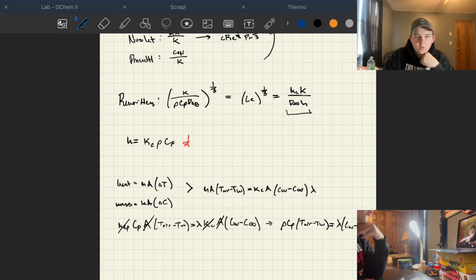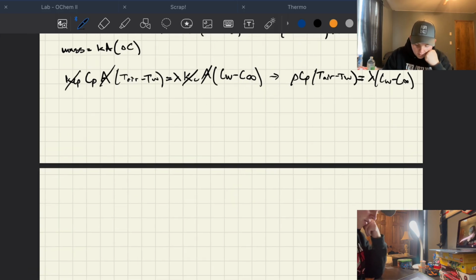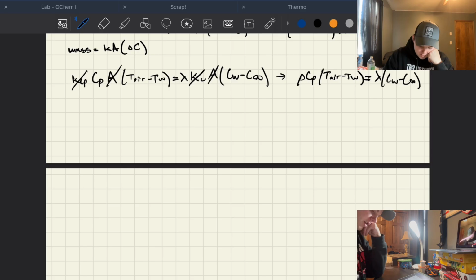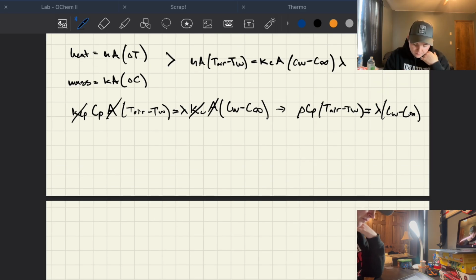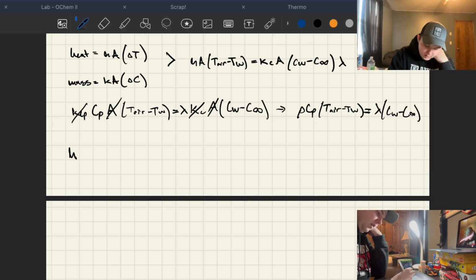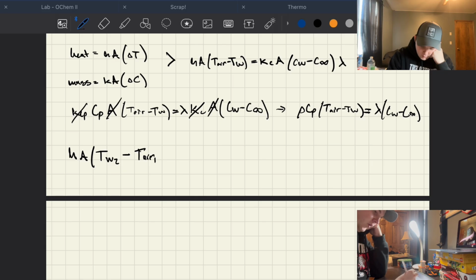Okay, so what we're going to do next is an adiabatic saturation temperature, where our temperature of water will eventually reach our temperature of air. So when we know this, since we know our h of water and our h of air are equal, we can do hA (T water 2 minus T air 1), which is going to be equal to that value that we solved for.